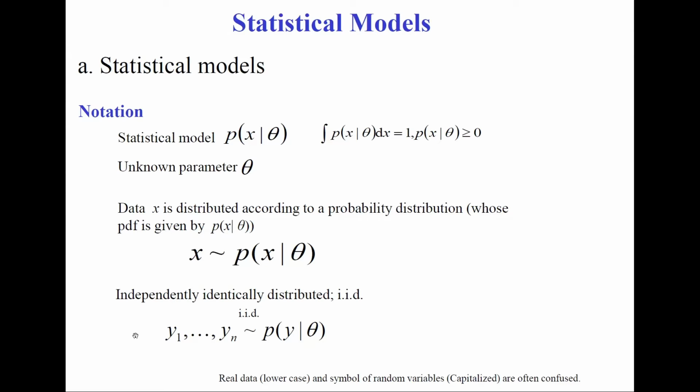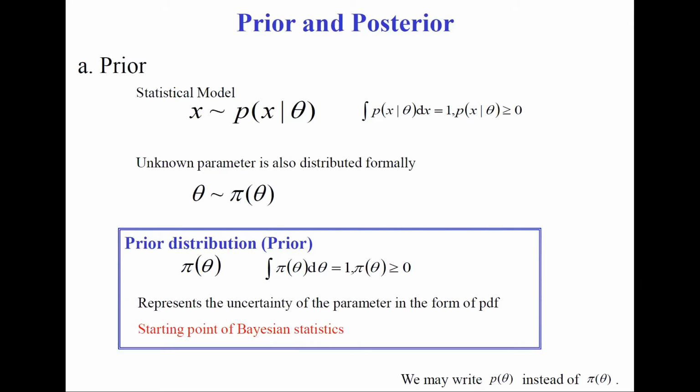And we often use IID. It implies independently identically distributed. For example, from y1 to yn, the whole observation is drawn independently from this probability distribution. Okay, let's go to the next.